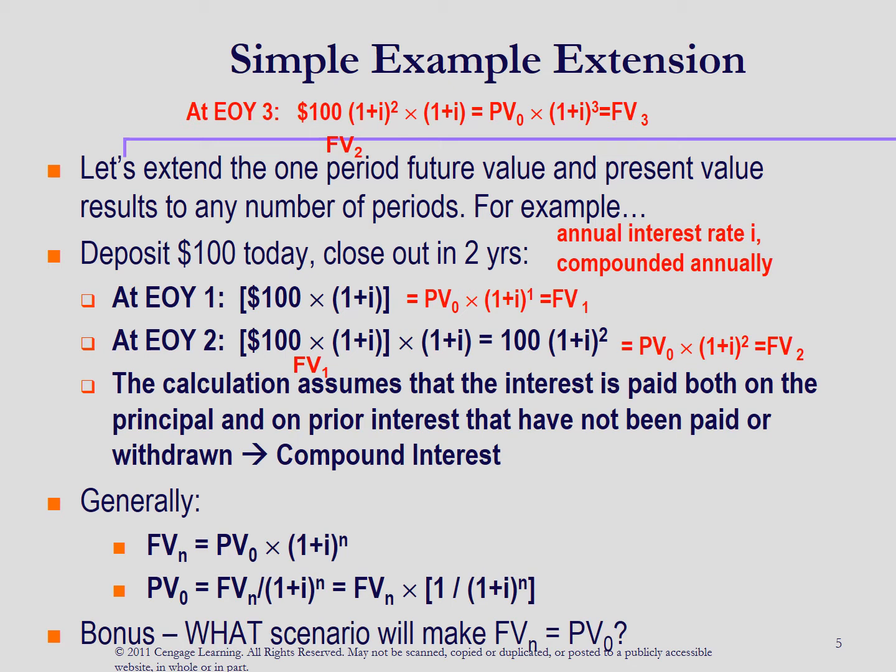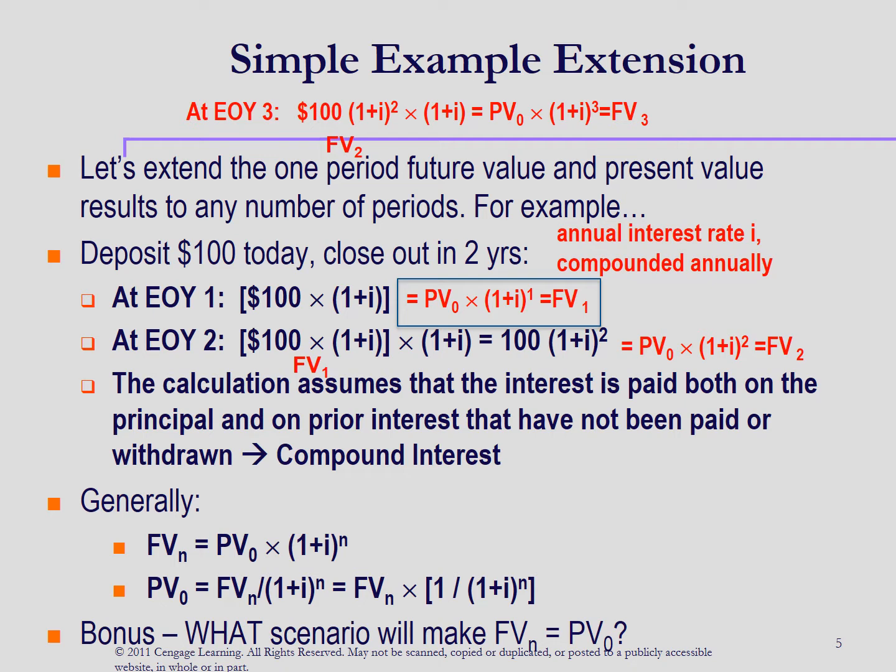Let us extend the 1 period future value and present value results to any number of periods. For example, deposit $100 today and close out in 2 years. At the end of year 1, by formula, the account balance will be the present value today times 1 plus interest rate, represented by the symbol FV1.